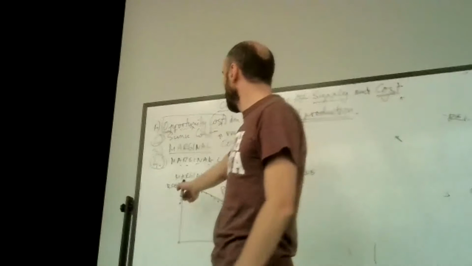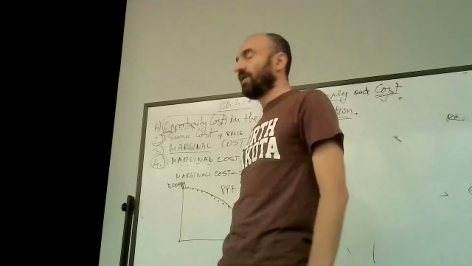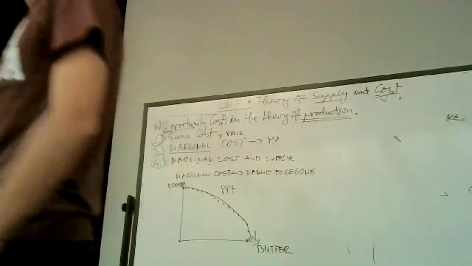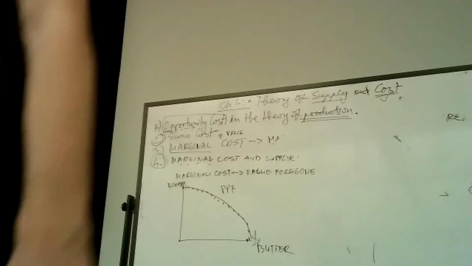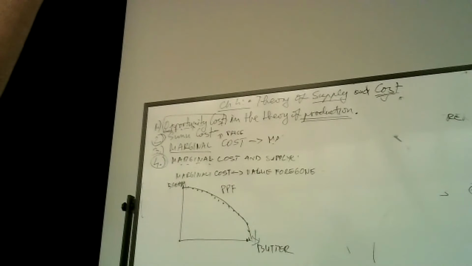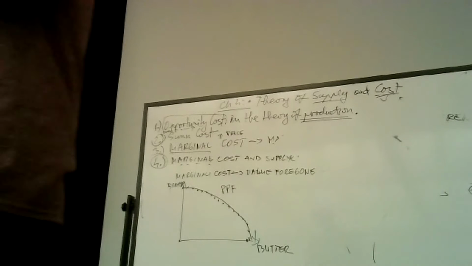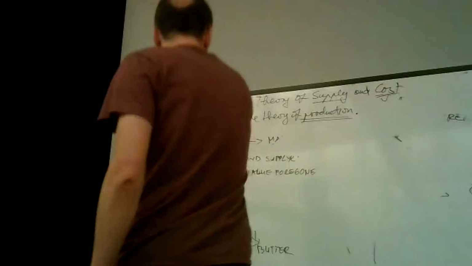So then you see, let's assume that you're producing all the bread and zero butter. Or what is the example in your book? Corn and soybeans. Soybeans and corn.